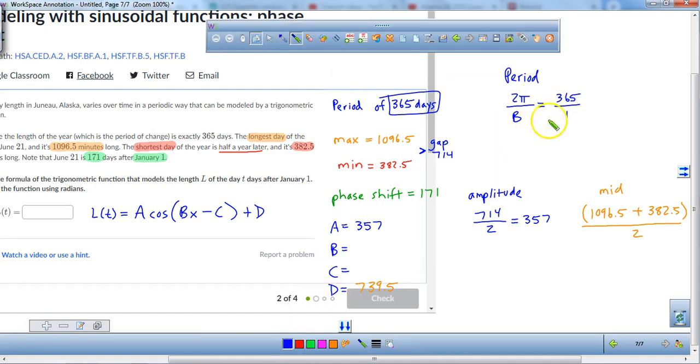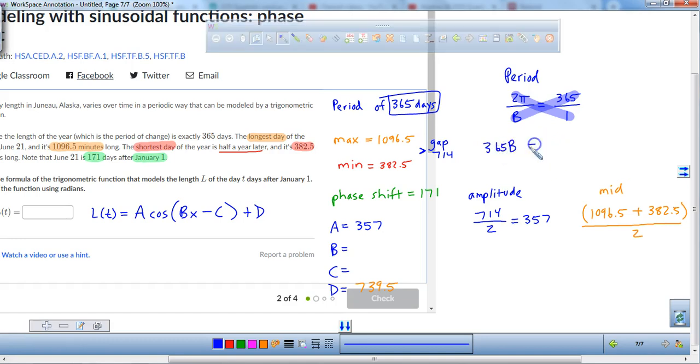Now we'll take those cross products, and you get 365b equals 2 pi. So we divide both sides by 365. So our b value ends up becoming 2 pi over 365. Kind of complicated, but I'll go ahead and write it down.